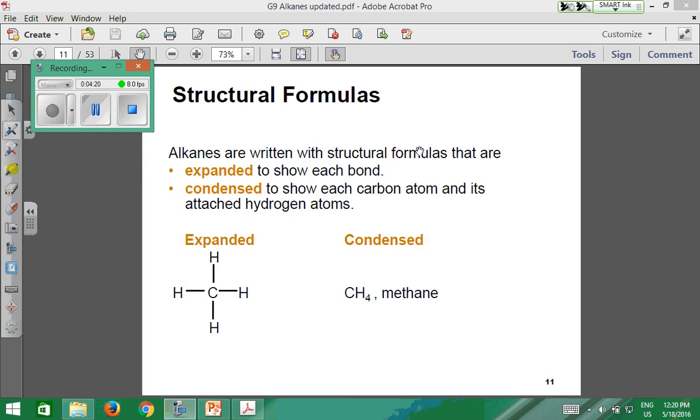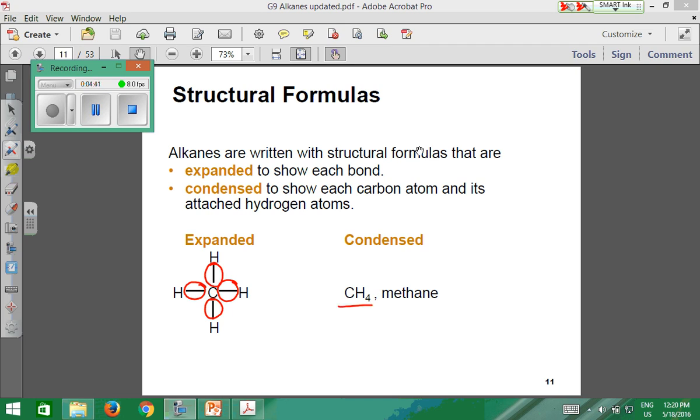While writing the molecular formula, it can be written in many ways. Sometimes we show bonds, sometimes we don't. Here is the formula where I am showing all the bonds of methane. But here I have just removed the bonds, I condensed them, so it is CH4.